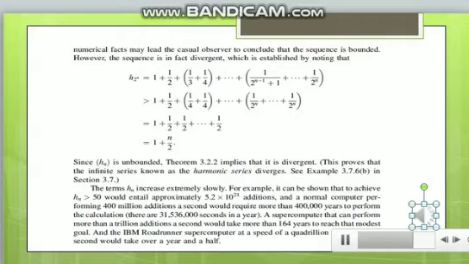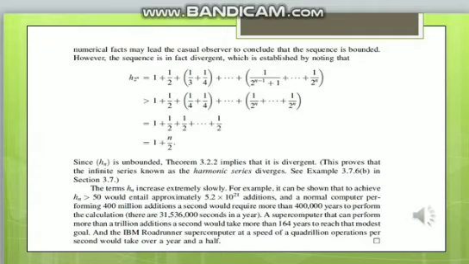A supercomputer that can perform more than a trillion additions a second would take more than 164 years to reach that modest goal. And the IBM Roadrunner supercomputer, at a speed of a quadrillion operations per second, would take over a year and a half.